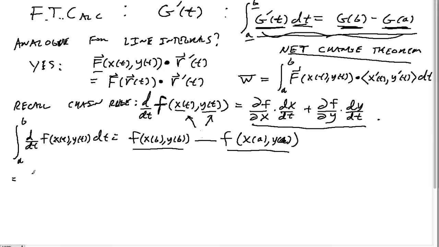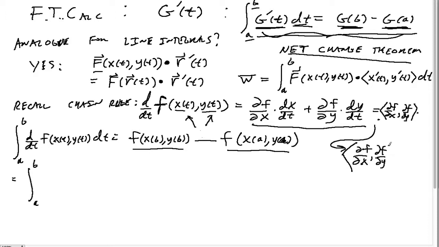All right, but now let's pause to see what this looks like. I'm going to rewrite this a bit more. So we have a to b, and this becomes the vector of partial f x, partial f y, dotted with the vector x prime, y prime. Of course, x prime y prime is exactly r prime of t.